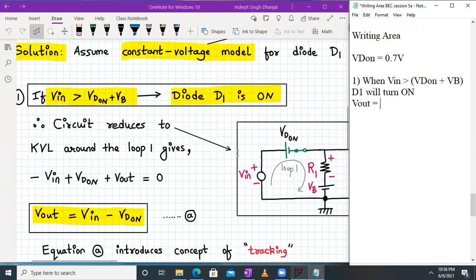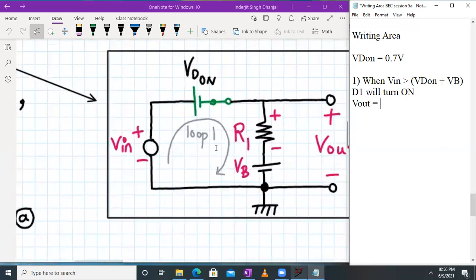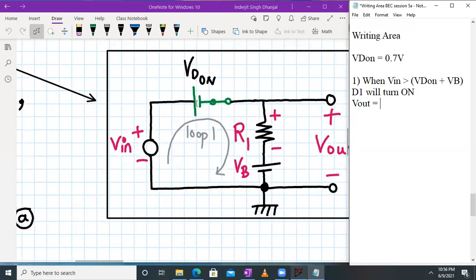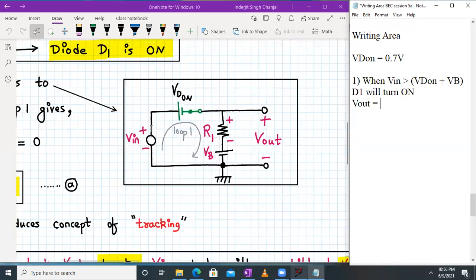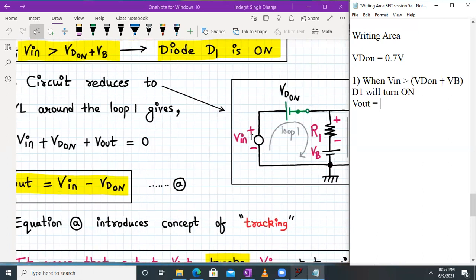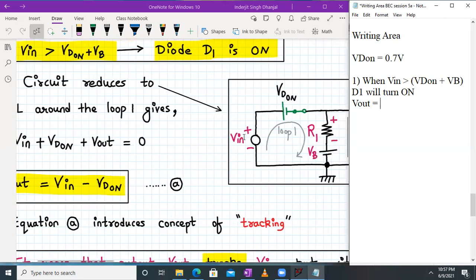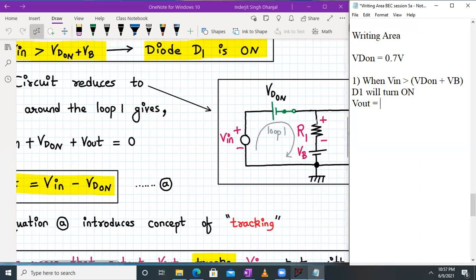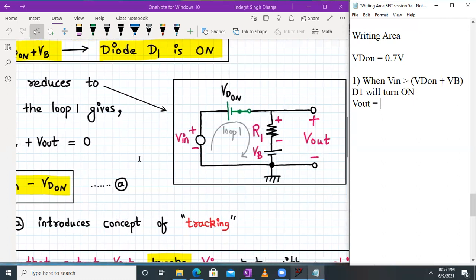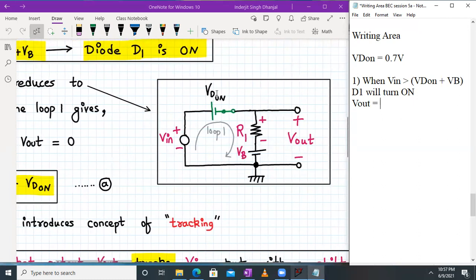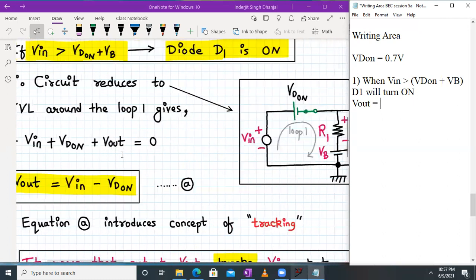Whenever Vin is greater than VD on plus VB, the diode is on, and we replace the diode by its constant voltage model over here, and we apply the KVL in the loop. So what you will get? Minus Vin plus VD on plus VB equal to 0, or we can say minus Vin plus VD on plus Vout equal to 0.